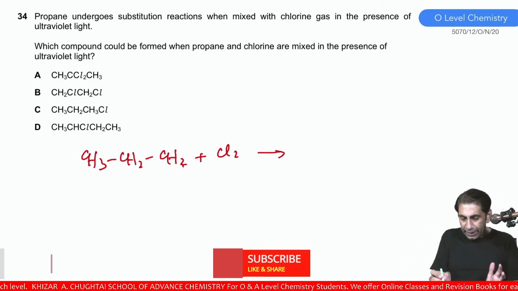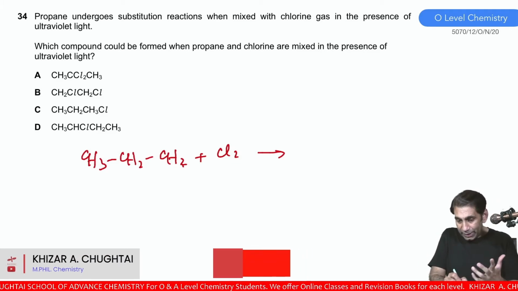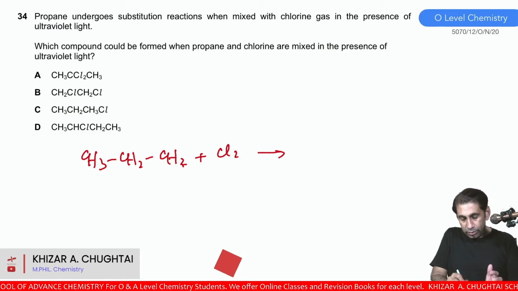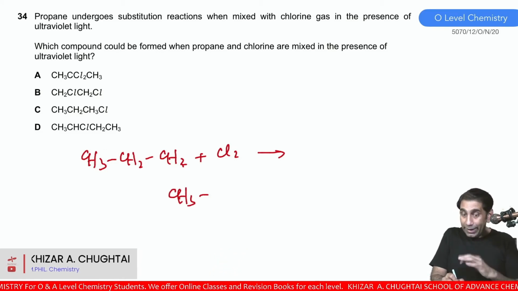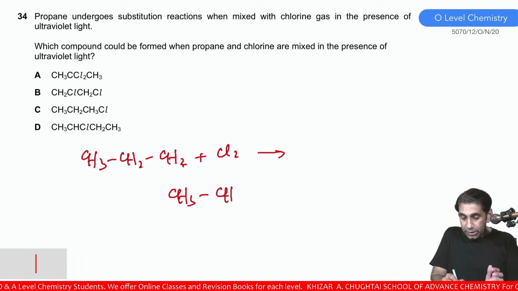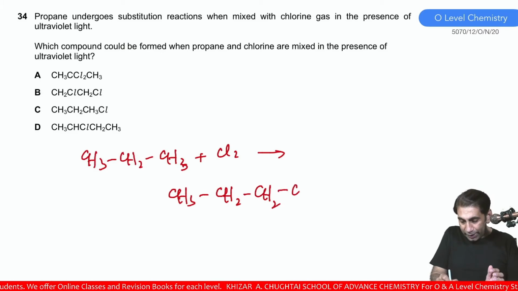So simply speaking, the simplest compound has the same carbon atoms but different hydrogen: CH3CH2CH2Cl.